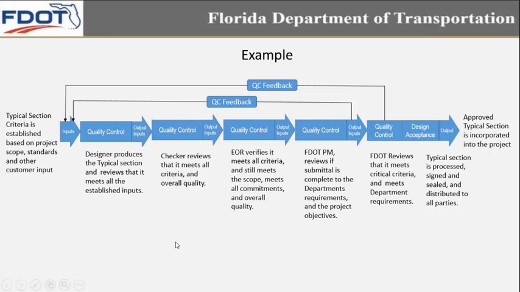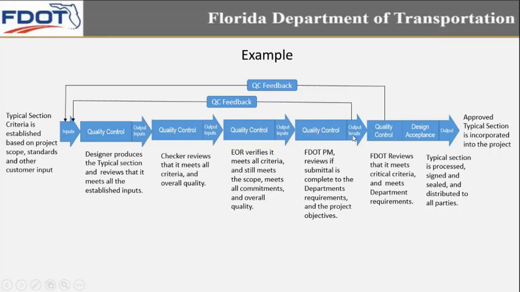And obviously, as we said earlier, what makes the design process interesting is how we often go through this loop of QC feedback. When it reaches the PM, the outcome of the PM's QC review could be that that wasn't part of the original scope, or that we had an original commitment with a local agency that wasn't incorporated into the typical section.